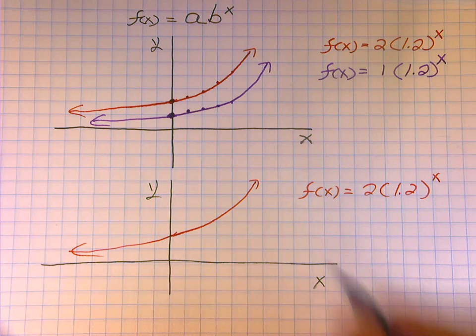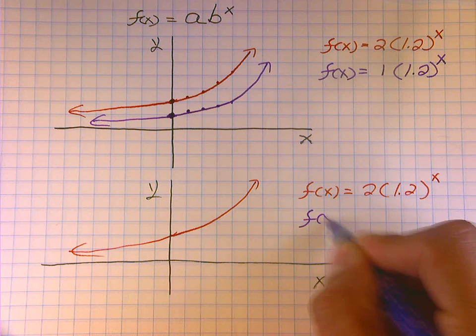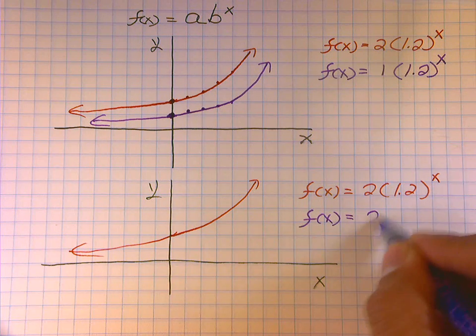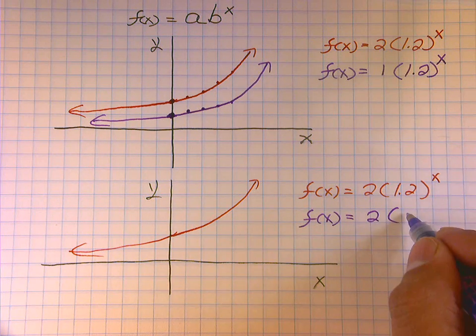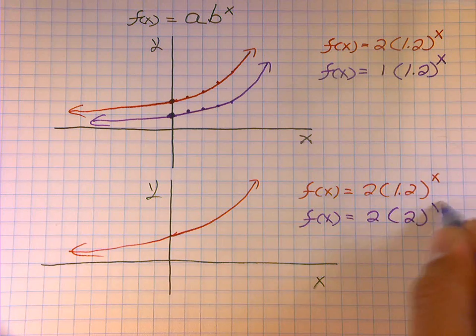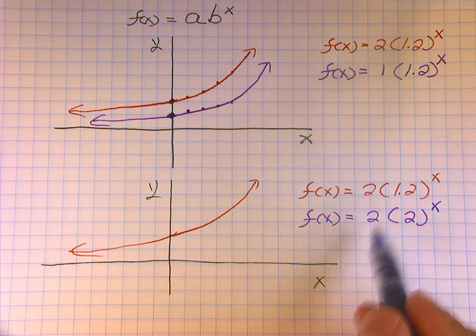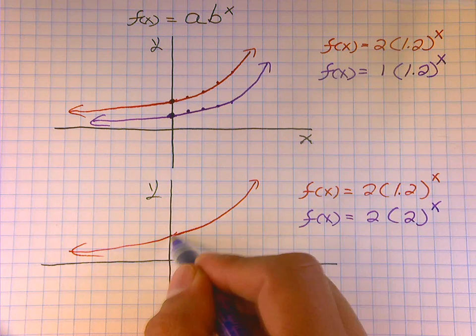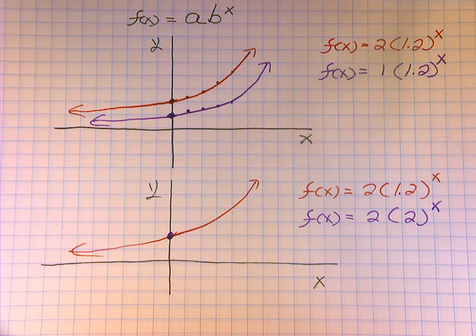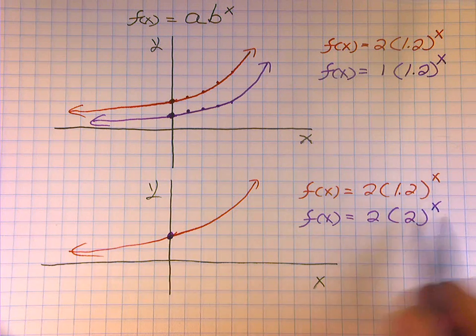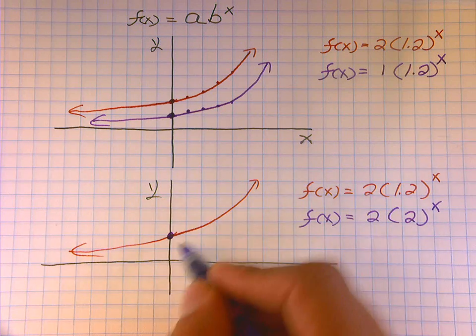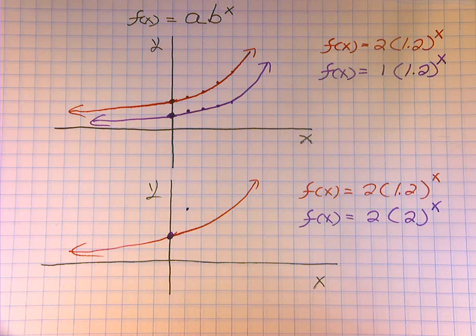And now I'm going to change the factor and leave the initial value the same. So again, when x is 0, y is 2. Nothing changed there. However, now when x is 1, I'm going to multiply by 2.